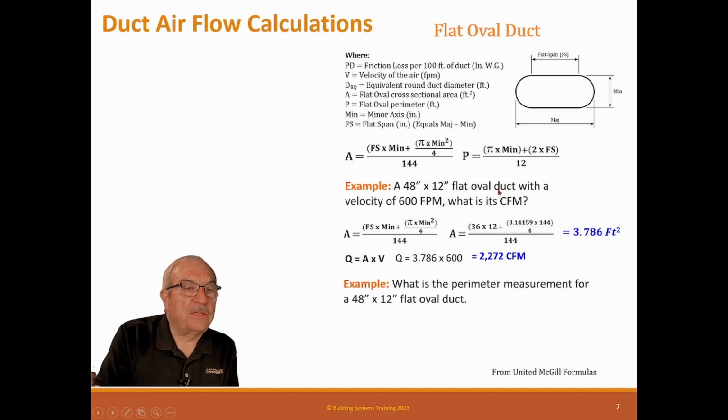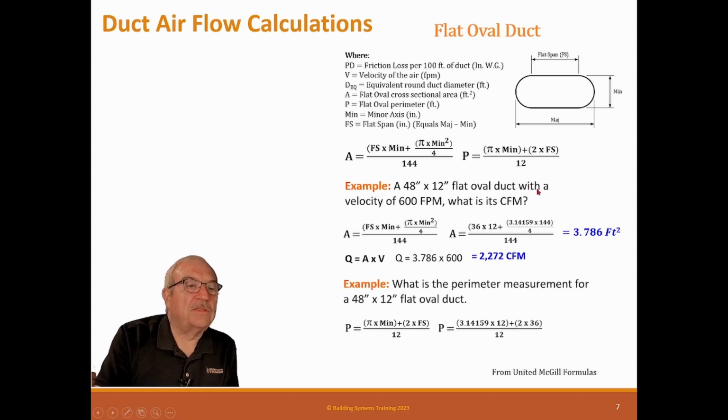Now, what is the perimeter measurement for a 48 by 12 flat duct? Well, why would you ever want that? Just like we did in the round duct, what if you want to calculate how much insulation you need for a length of duct? You have to know the perimeter. So now we'll use this other equation, the perimeter equation.